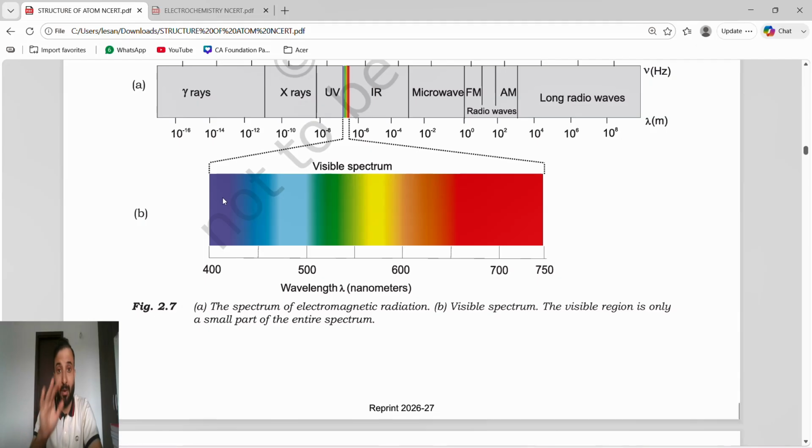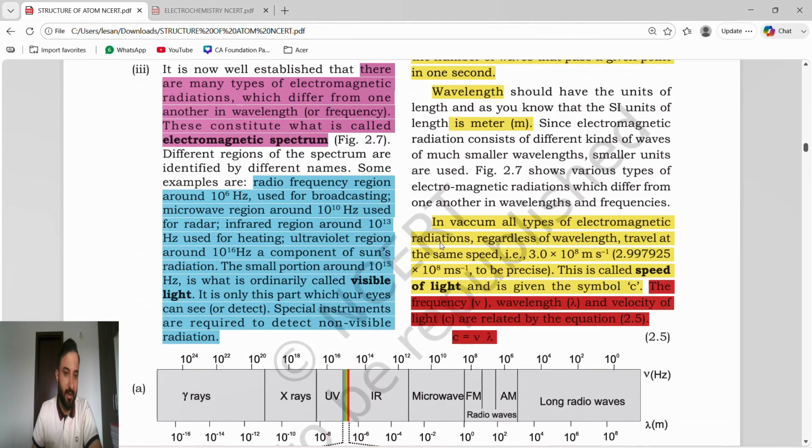The visible spectrum is visible by our naked eyes. So they say the small portion around this much of hertz is what is ordinarily called visible light, because it can be seen by naked eyes. It is only this part which our eyes can see, the visible light.